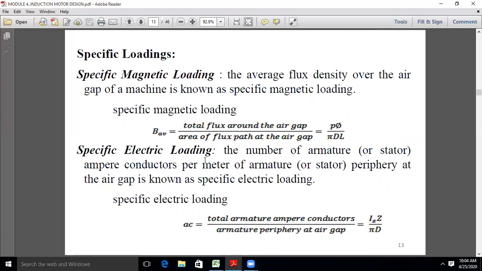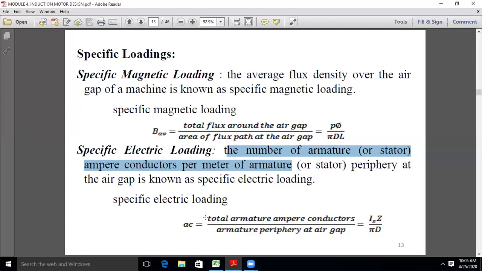Now specific electric loading. Specific electric loading is the number of armature or stator ampere conductors per meter of the armature or stator periphery at the air gap. We take the specific electric loading as ac.